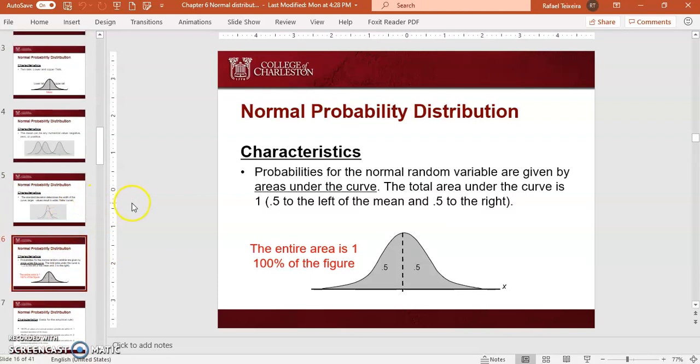Also, this concept is very important. This is a figure, and as a figure it has an area. Remember from high school that you learned how to compute area for a square, a rectangle, a triangle, a circle, and so on. So this is an area like any other figure, and because it's symmetric, we have 50% of the area on one side and 50% on the other.